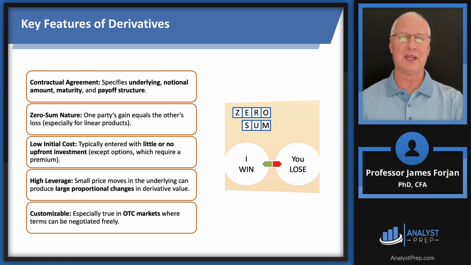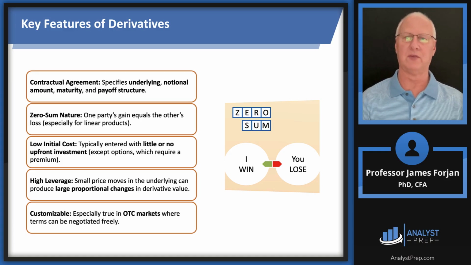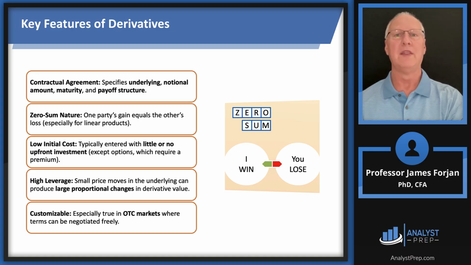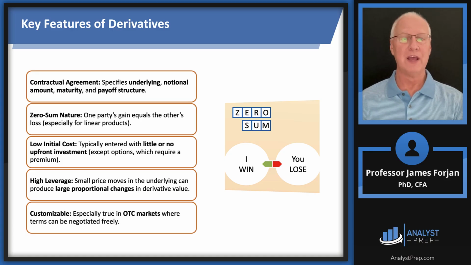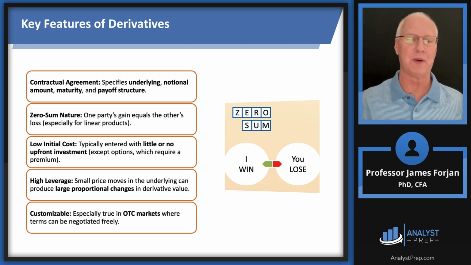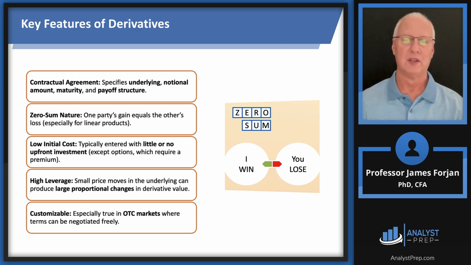But leverage in the case of derivatives can mean those things, but it can also mean the simple fact that if the underlying asset changes by a small amount, the value of the derivative contract can change by a larger amount. And this is especially true with options.